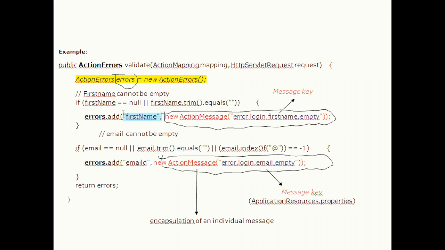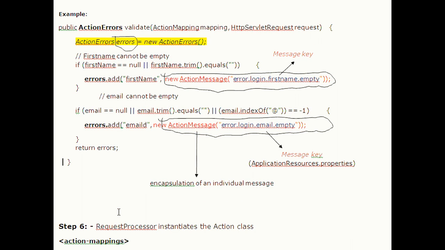The first one is a string object. The second one is an ActionMessage object. Here the ActionMessage object specifies an individual error which contains a message key to be looked up in an appropriate application resources file.